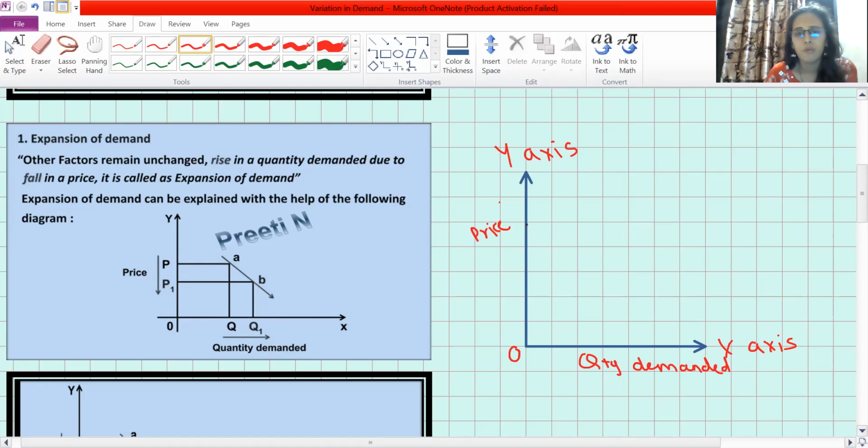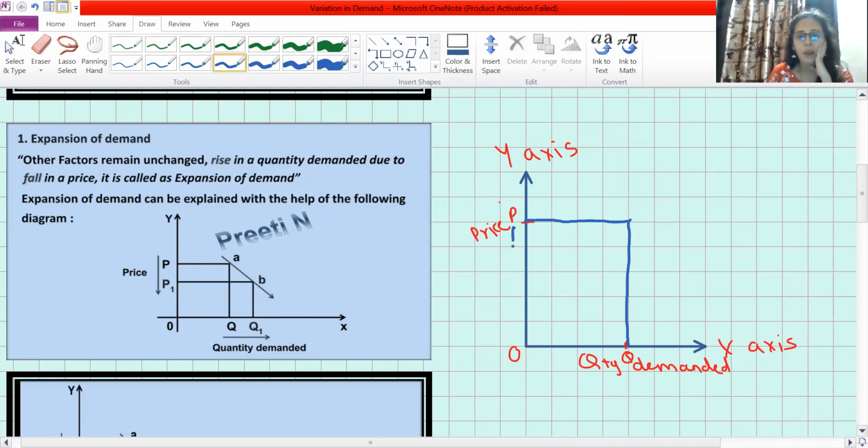Now we will assume that at OP price my quantity demanded is, suppose, OQ. Are you understanding? Now I have to show it with the diagram. So at OP price, my quantity demanded is OQ.